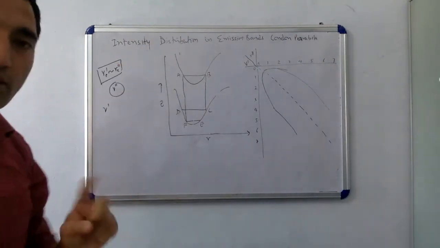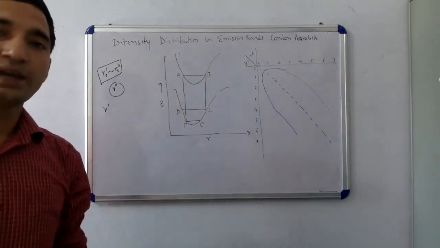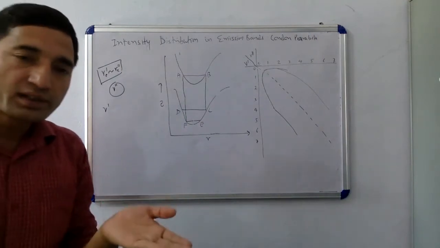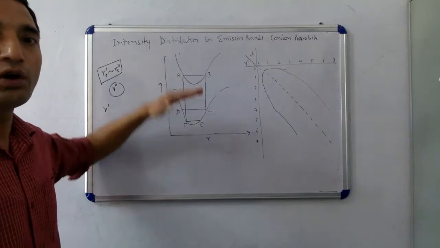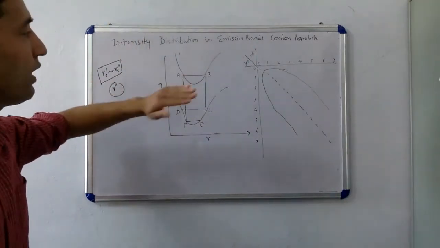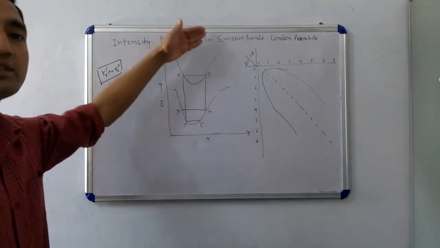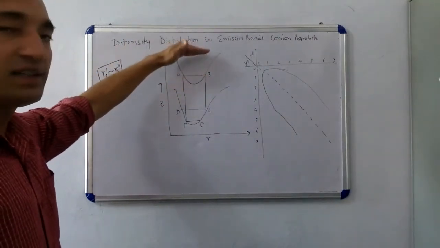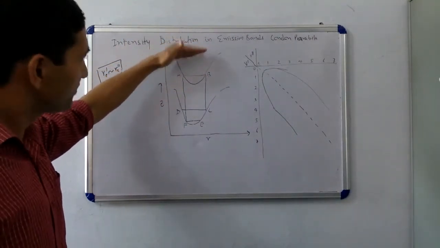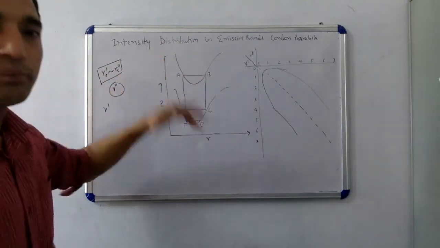On the other hand, in absorption, all the progressions are initiated from nu double prime equal to 0 to all the levels above. Depending on how much the excitation is, if it sufficiently populates all the vibrational levels, then from each one we get progressions.